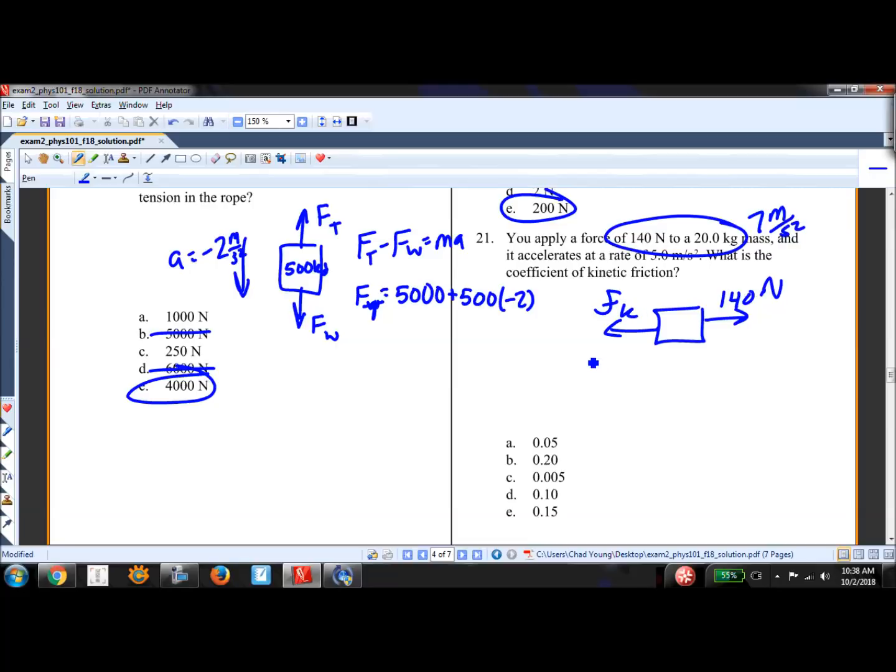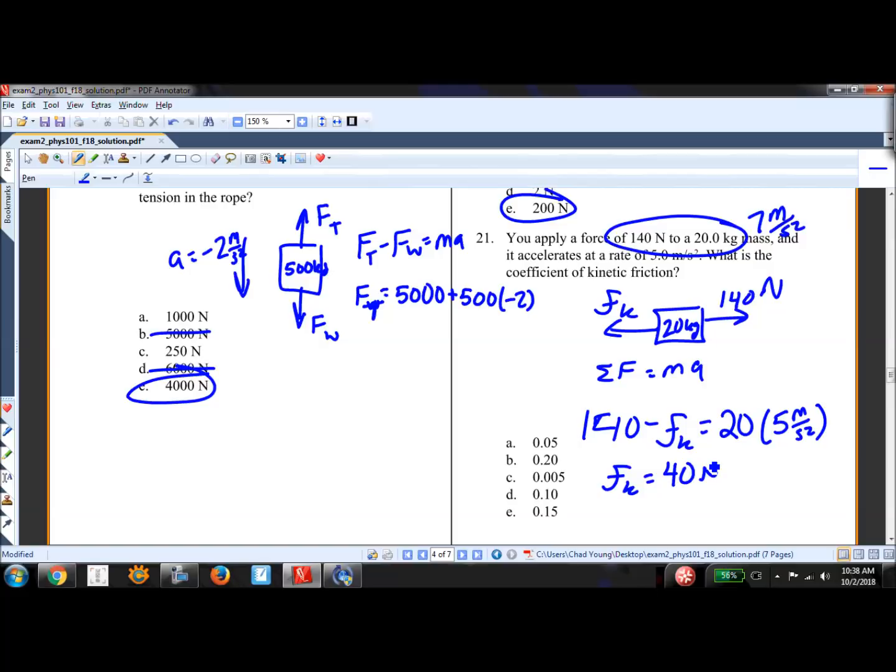And I know this is 20 kilograms. I do the sum of the forces equals ma. 140 minus Fk is equal to 20 times the acceleration, which is 5. And so Fk is equal to 40 newtons.